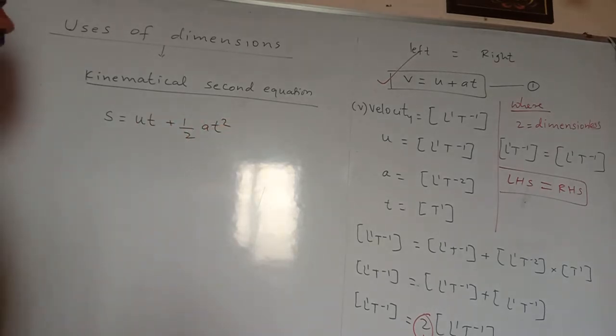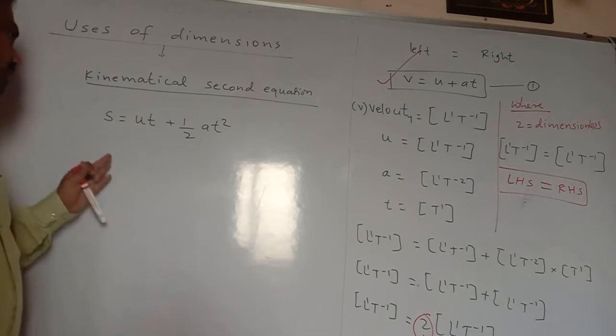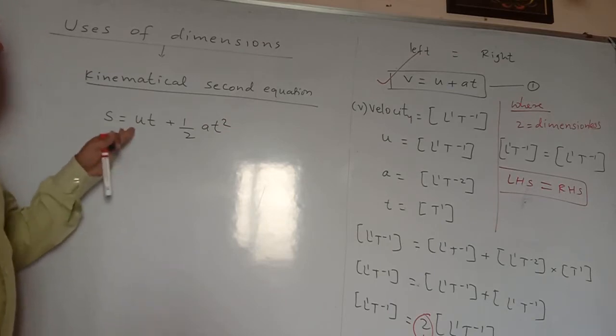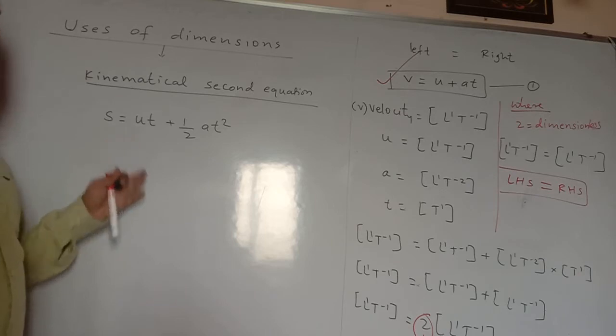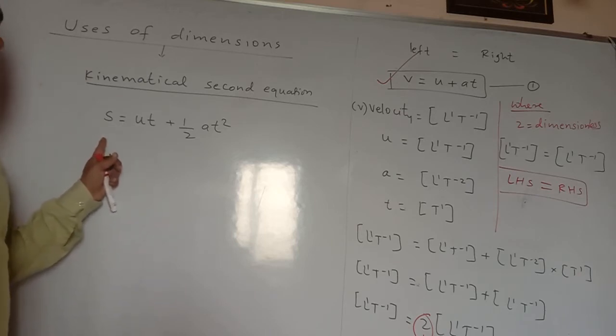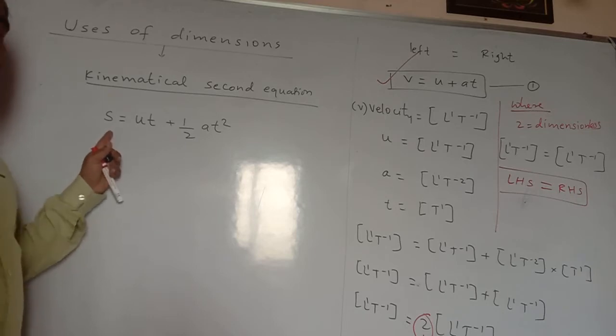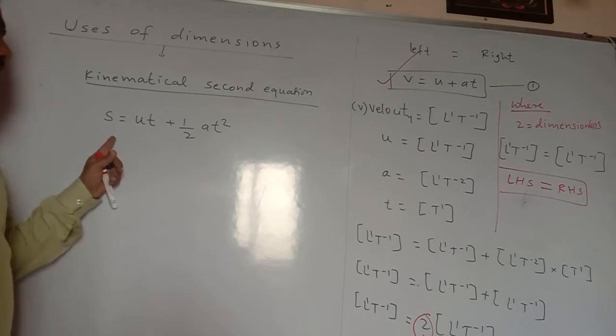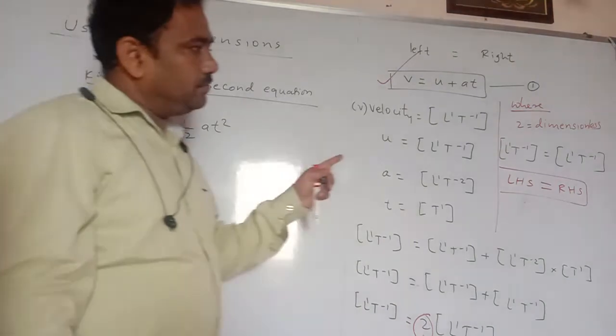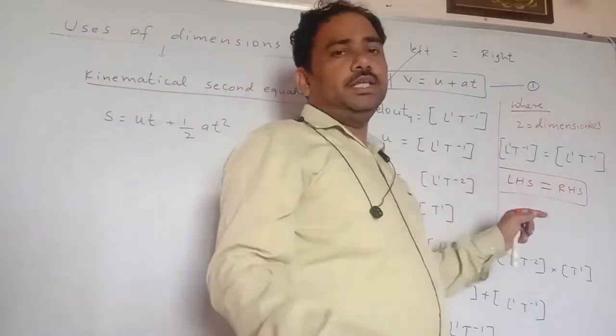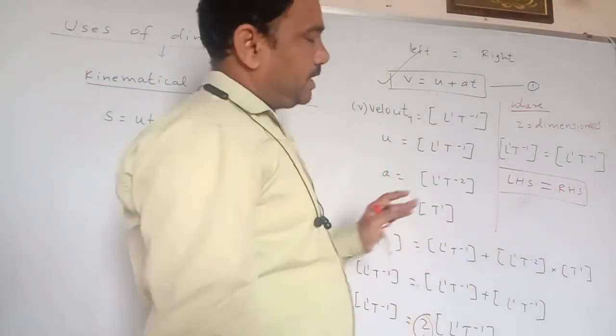So what we have to do here is put all the dimensions in this equation. This is the second kinematical equation, and we have to check whether it is correct or not. If LHS is equal to RHS, then and only then the given equation will be correct.